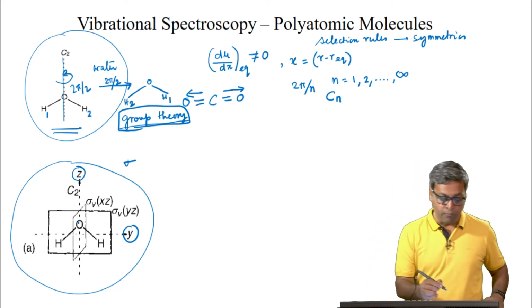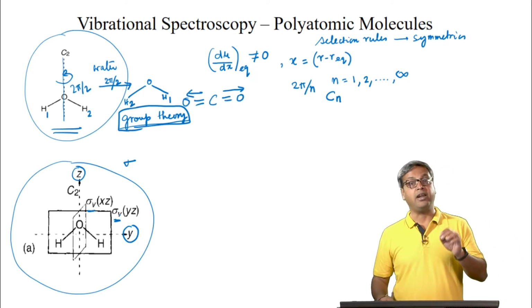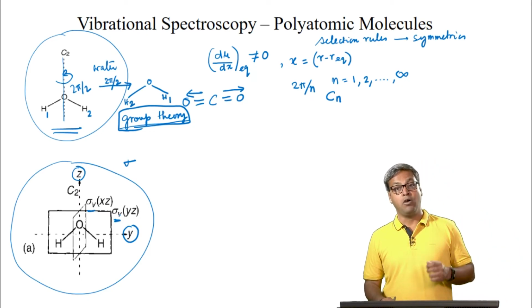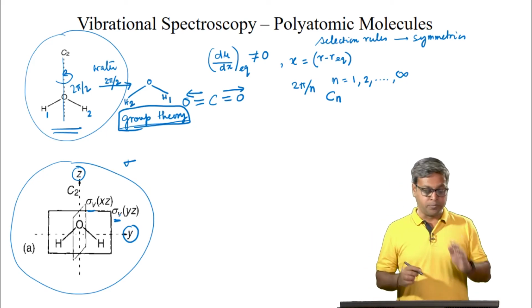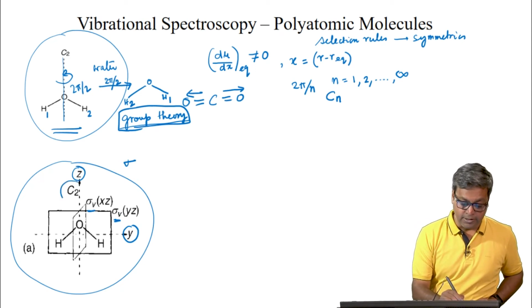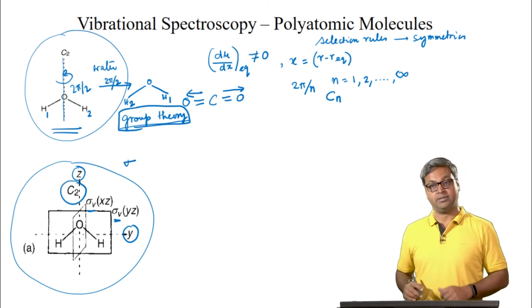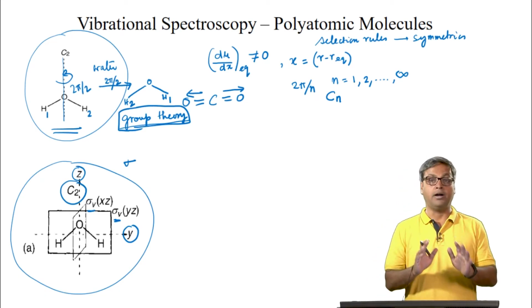The subscript v in these sigmas stands for vertical, which implies that the plane is vertical with respect to the highest fold axis, that is the C2 axis or the z axis in this case, and this defines the vertical direction.